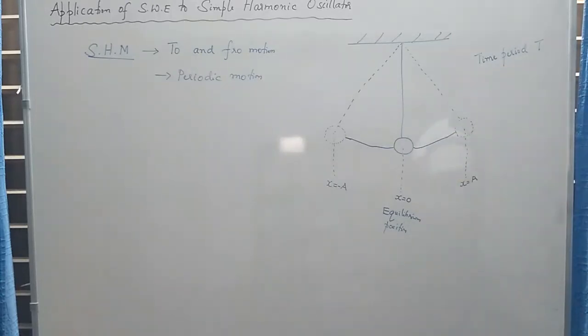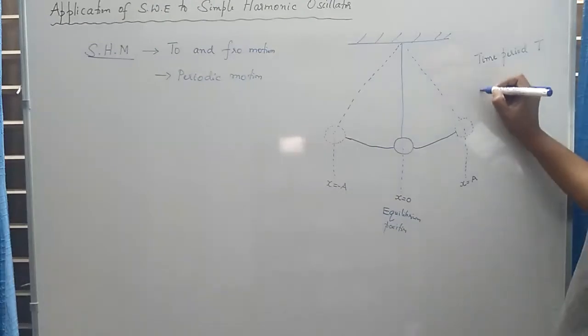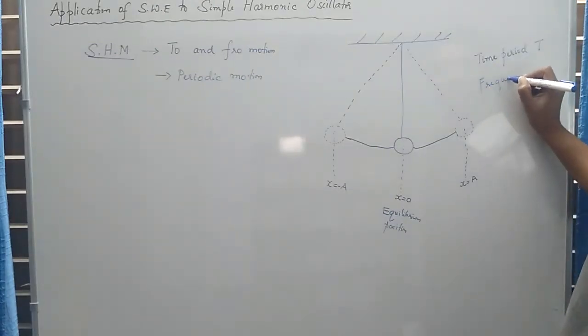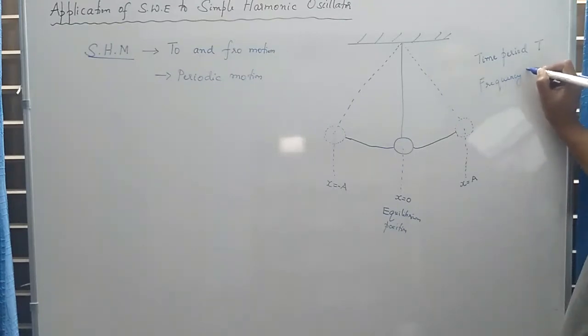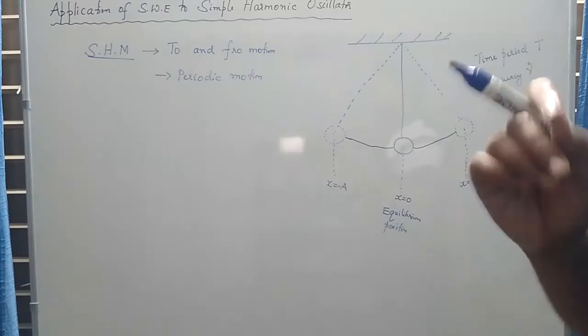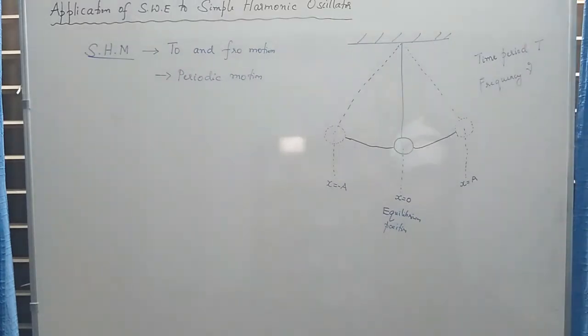Similarly, this type of motion is characterized by another quantity which we call frequency. I will use the symbol nu to represent frequency. So what is the frequency of a simple harmonic motion? Frequency is the number of cycles the particle completes in 1 second.